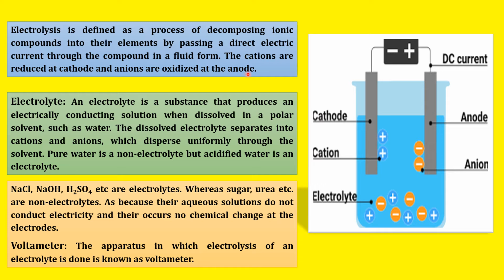That means in the process of electrolysis, a particular compound is ionized. Suppose NaCl, or sodium chloride, is a molecule, but at the time of electrolysis, it will be dissolved into Na plus and Cl minus.